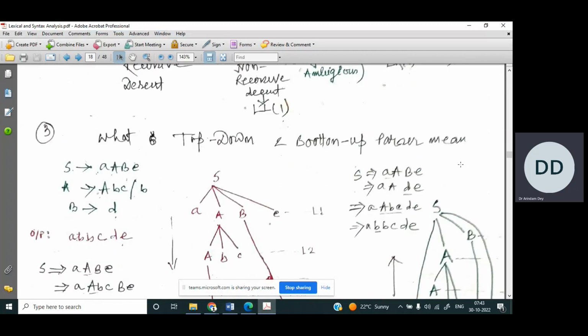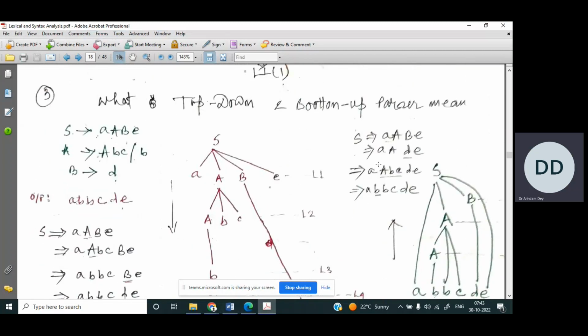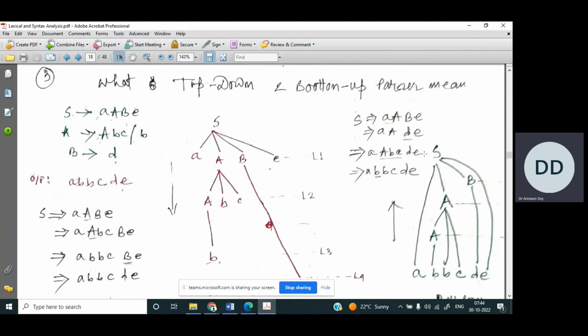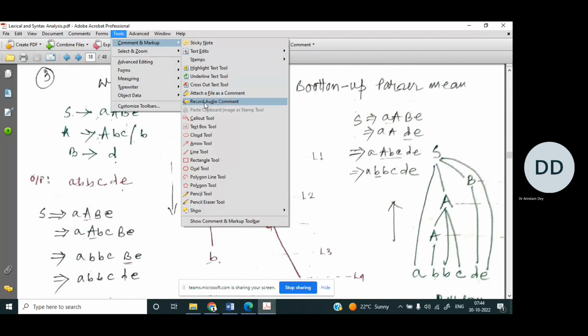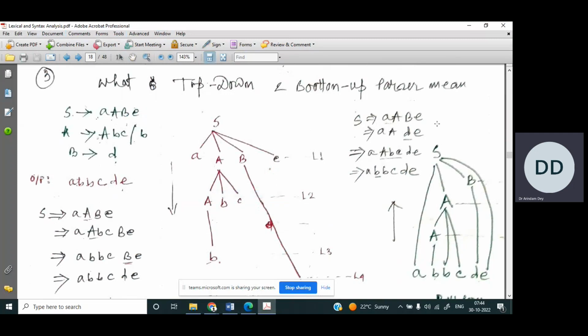Okay, yes, this example. I hope you can remember this example. In this example, let me take the marker, pencil. Okay, now you can see that in this example that I have shown here last time, you should see the video also, how I formed the tree.